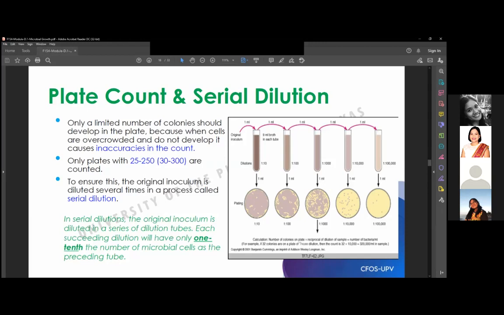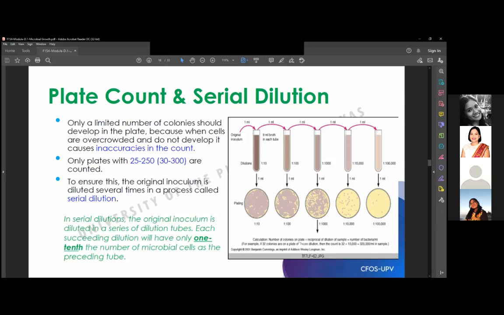Okay, so we usually do serial dilution. No? What is serial dilution? This is used to decrease a bacterial concentration to a required concentration for a test, or to have your sample countable, to have a countable number of cells in your agar plate.